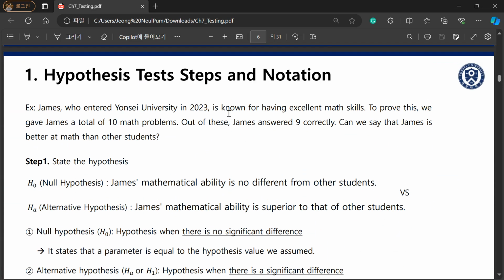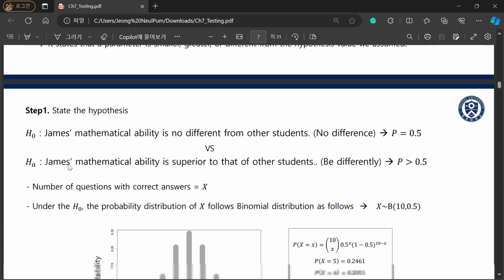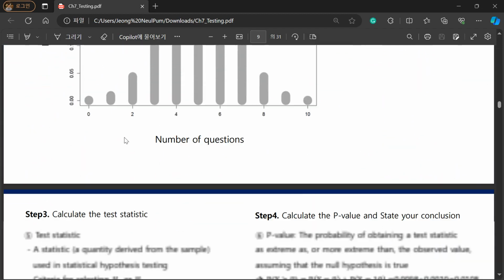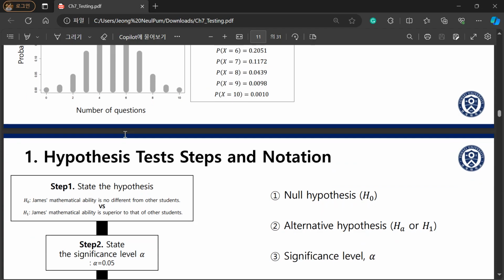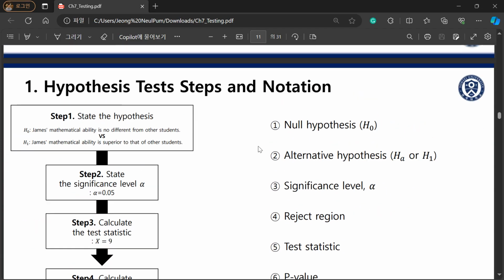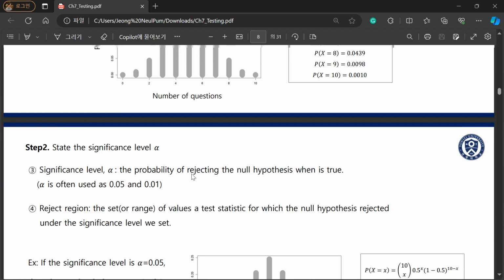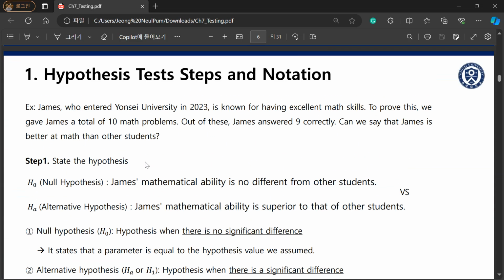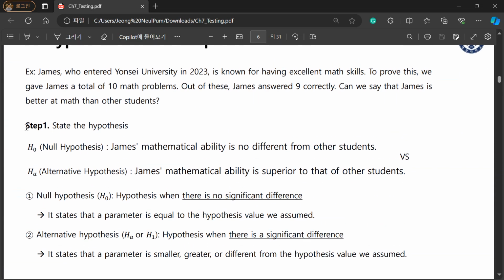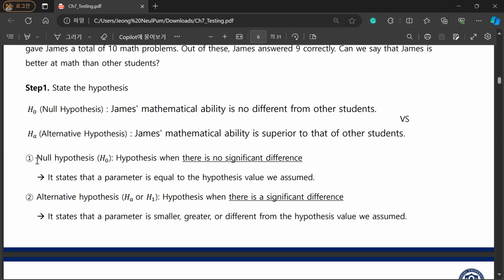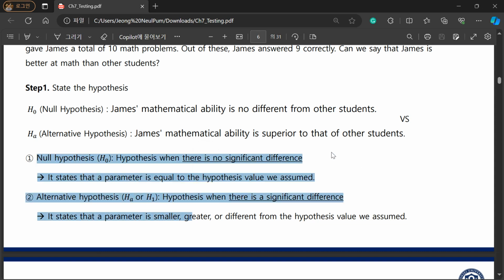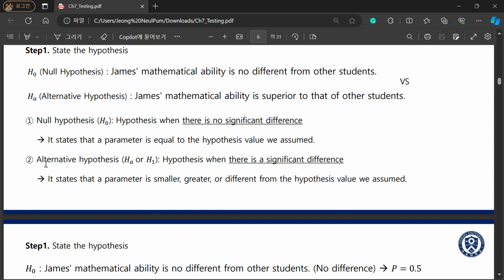I will assume that you know all of the content. There is a formal process for constructing a hypothesis test. As the first step, we have to set a null hypothesis and an alternative hypothesis. Our aim is usually to get to the alternative hypothesis by rejecting the null hypothesis.